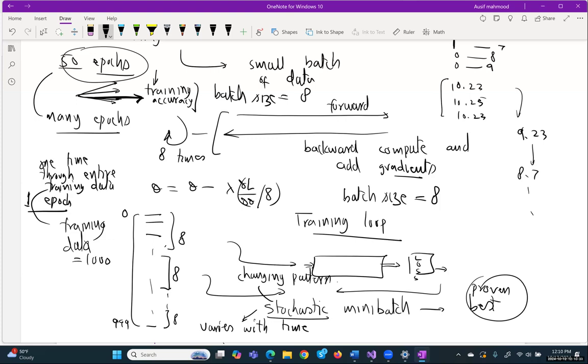So what we typically do is, whatever training data we have, we shuffle it at the beginning of each epoch.